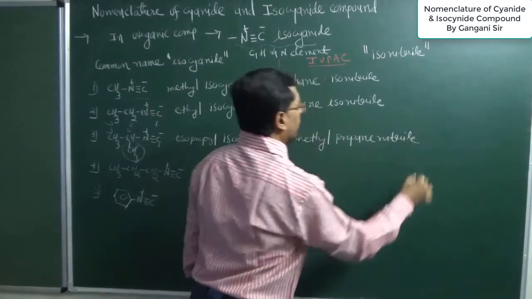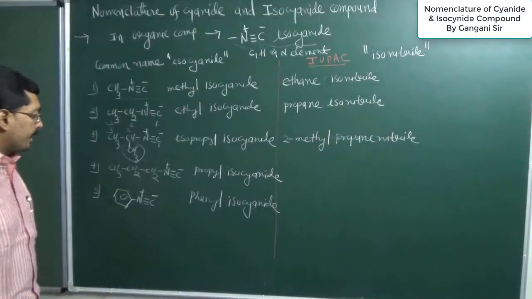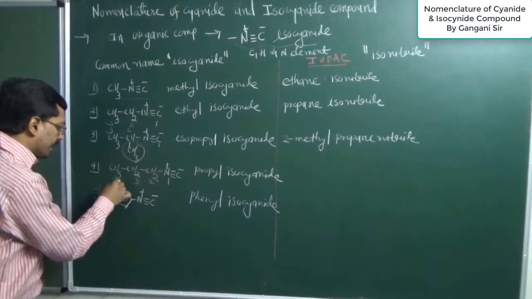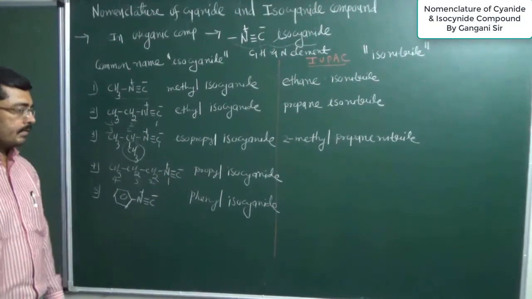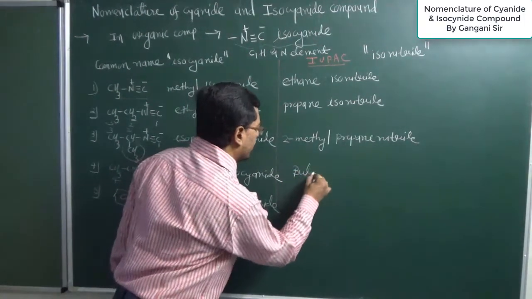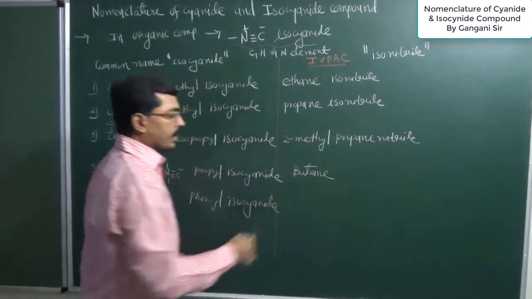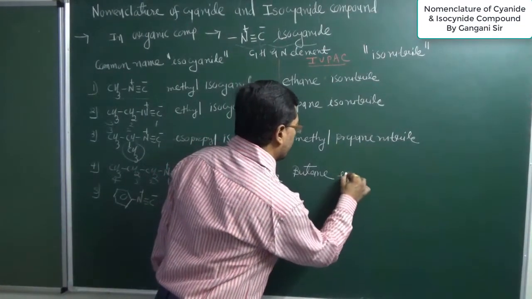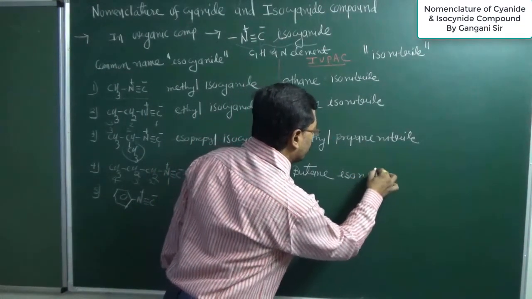Name of this compound we can give 2-methyl propane nitrile. Now here you can observe that long chain having 4 carbon atoms, so 4 carbons, butane, and suffix added. So name of this compound butane isonitrile.